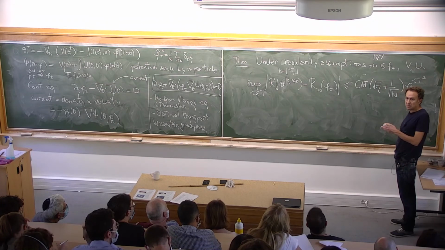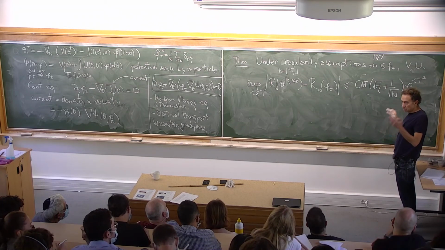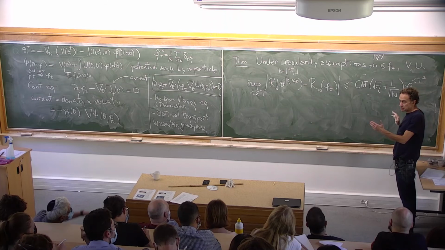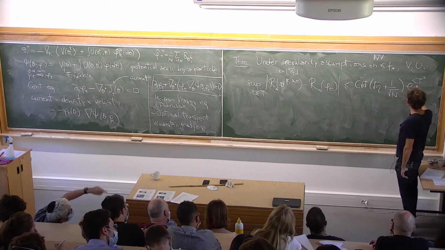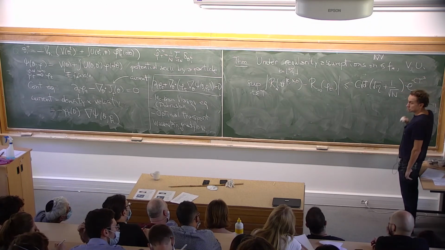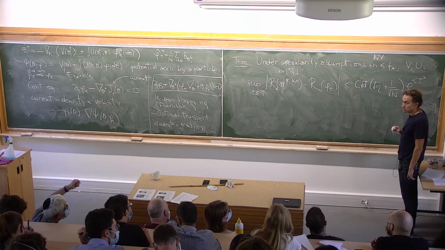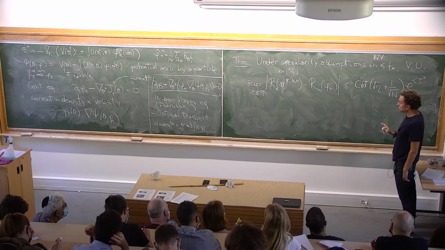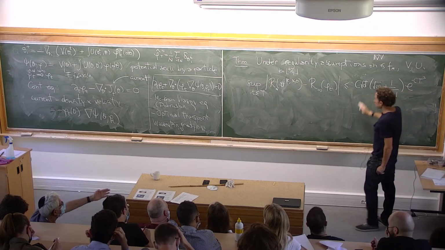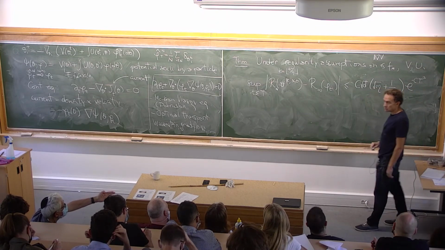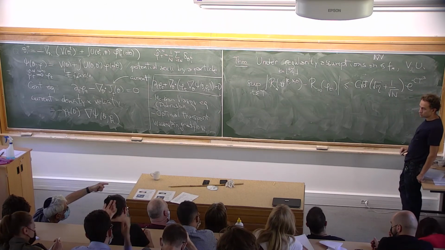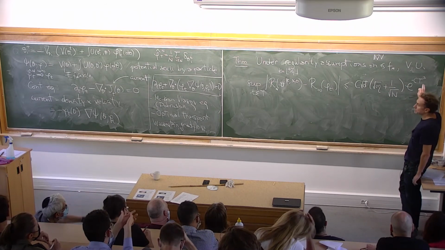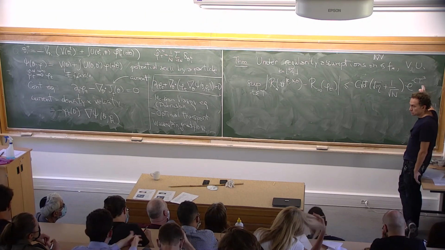So this means that if the time is finite, the exponent is positive. So eta has to scale like exponentially small. But in order for this to be something reasonable, capital T, I'll take capital T of order 1.